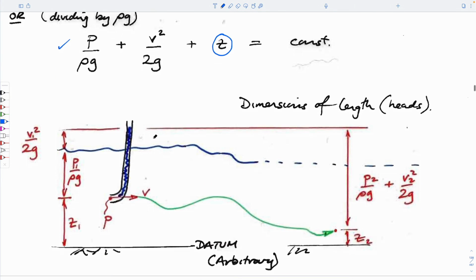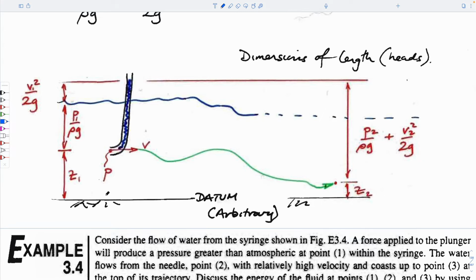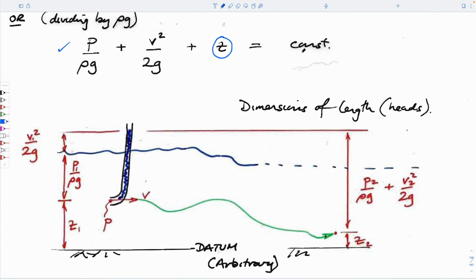And a physical meaning of it, I suppose, is given by this figure. This figure is looking at a river that's flowing. And you can think of the fact that the sum of these terms adds up to a constant. If they're all written as lengths, then if you take a datum, which is where you just arbitrarily write the elevation as equal to 0, and you take a particular point in that flow, then at that particular point it would have a velocity v1, p1, and z1.